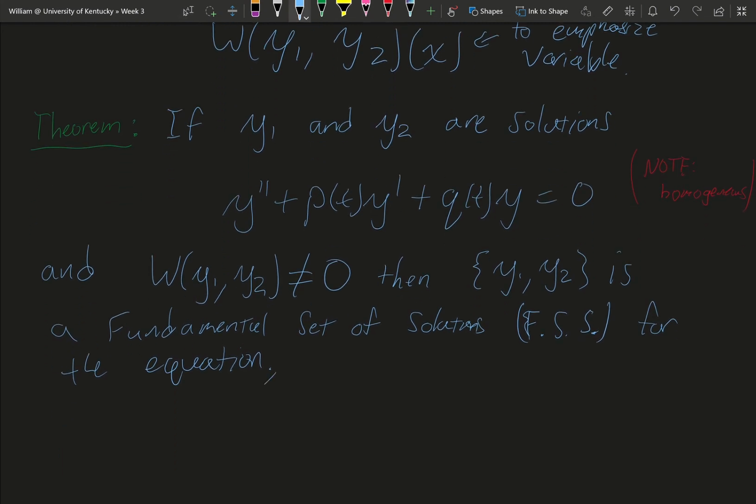So recall what that means: the general solution is y equals c1 y1 plus c2 y2.